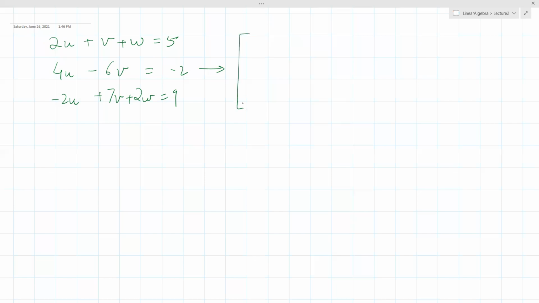So we could write something like this: 2, 1, 1. Instead of the equal to, we'll forget about it, because all the operations, all the multiplications and subtractions, we do on both the left hand side and the right hand side. So we can keep the right side inside our matrix too. So 4, minus 6, 0, minus 2, and minus 2, 7, 2, and 9.